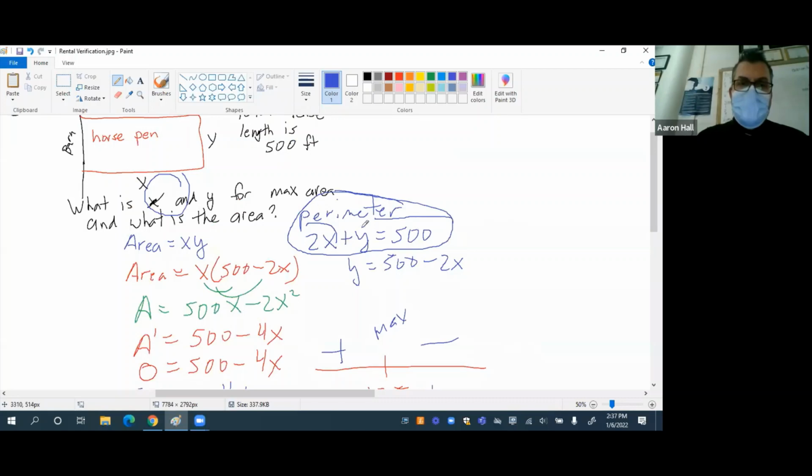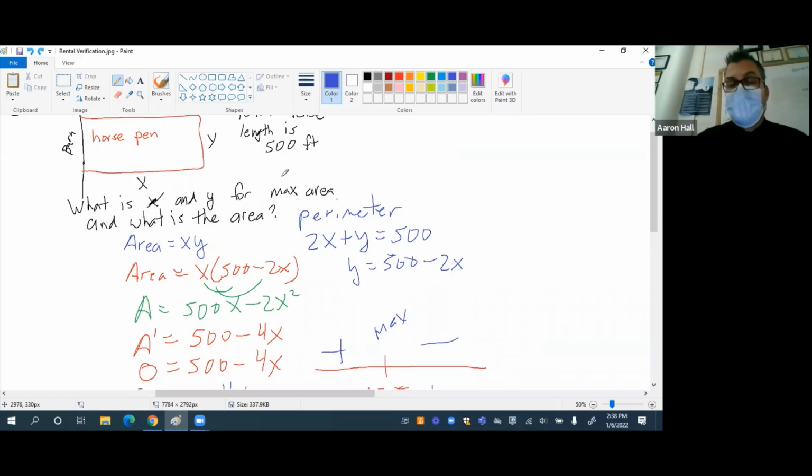Didn't we calculate 2 x lengths, and how many y lengths? Is that still confusing? Yeah, because I thought that a square would be the most area, right?